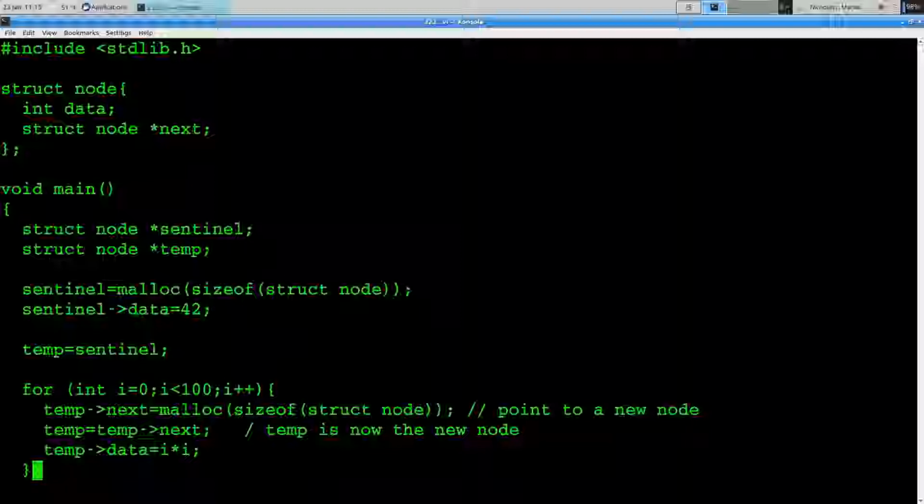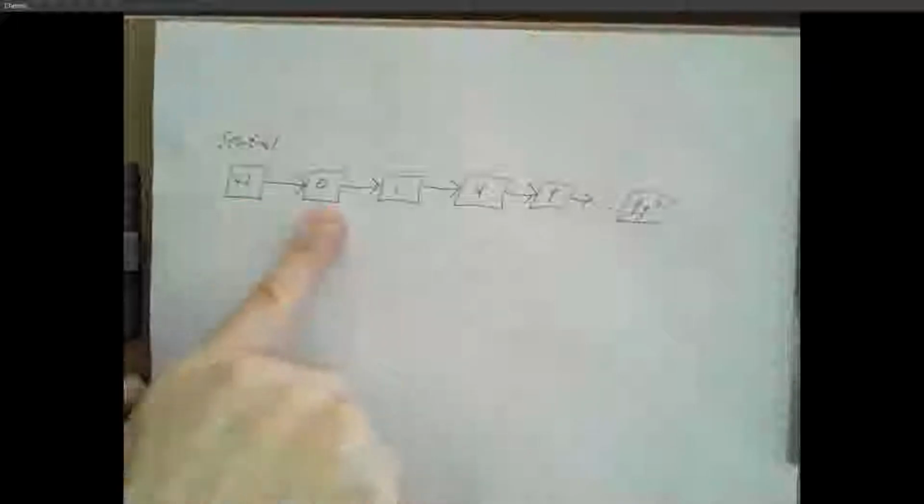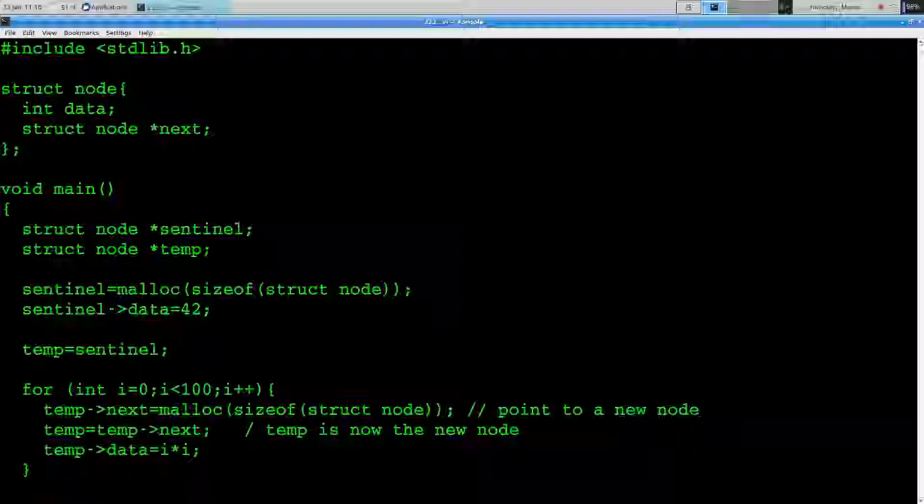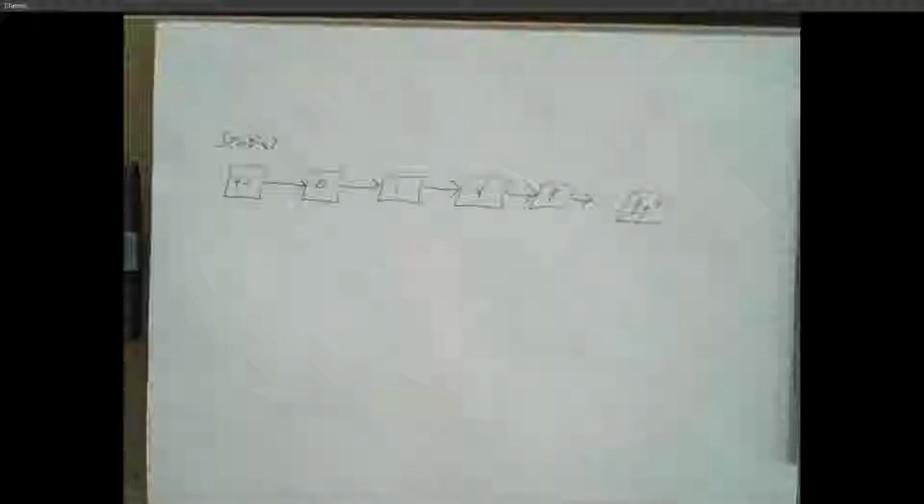So temp is going to keep changing. Sentinel is the original node with a 42. So that's going to point to a 0 and a 1 and a 4 and a 9 all the way up to 99 squared. And when I'm done with this whole loop, temp will be this last node.